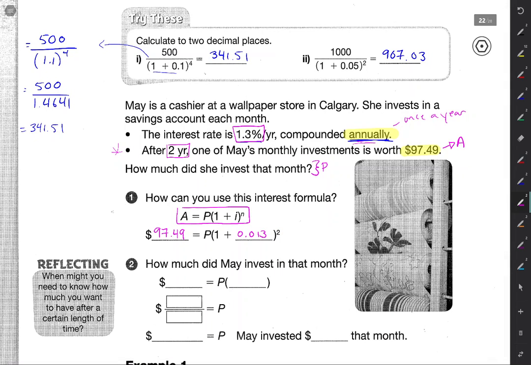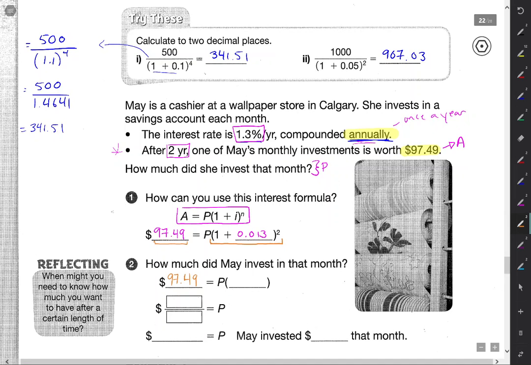So now let's solve how much she invested that month. So let's solve for P. What we're going to do is isolate P and get it all by itself. So in order to do that, we need to tidy up everything beside it so we can eventually cancel that out. On this side, there's nothing really to tidy up, so I'm going to keep that the same, $97.49.